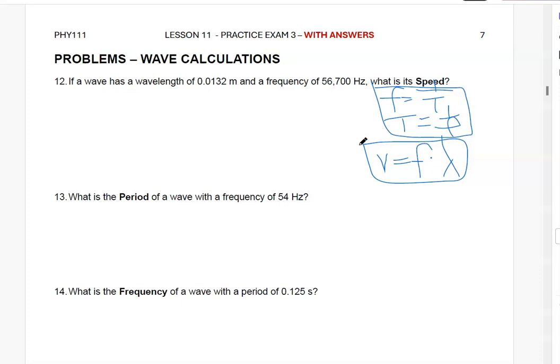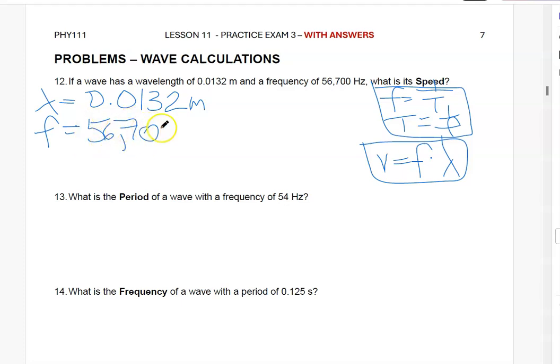All right, let's take a look at the first problem. If a wave has a wavelength of 0.0132 meters and a frequency of 56,700 hertz, what is its speed? Well, we know the wavelength is 0.0132 meters, and we know the frequency is 56,700 hertz.